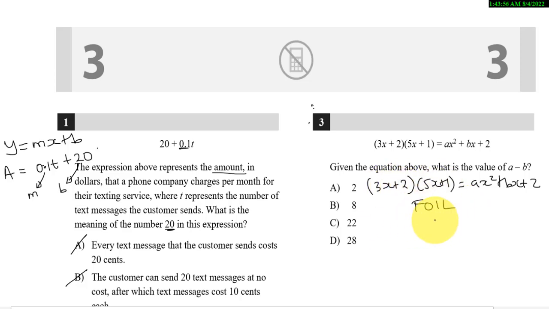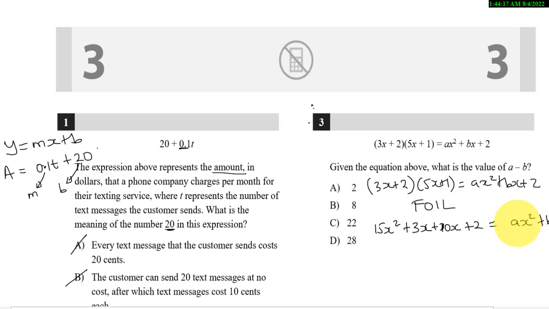So expanding this using FOIL leaves us with 15x² + 3x + 10x + 2 = ax² + bx + 2.